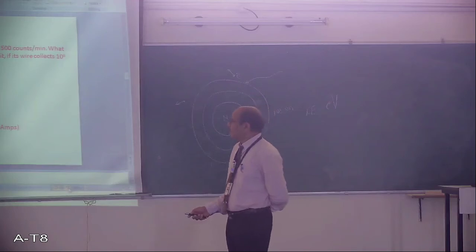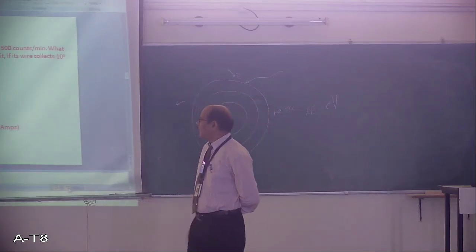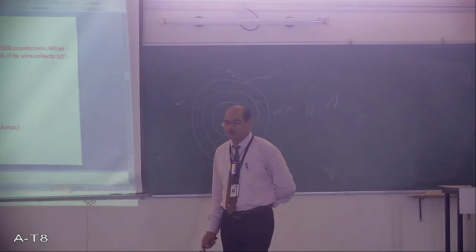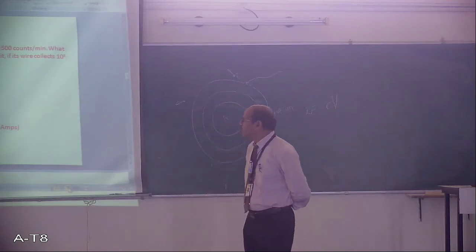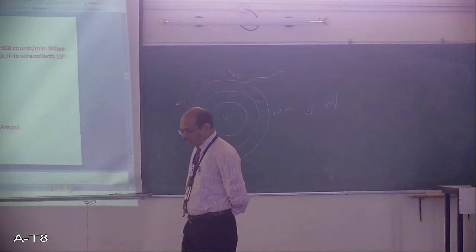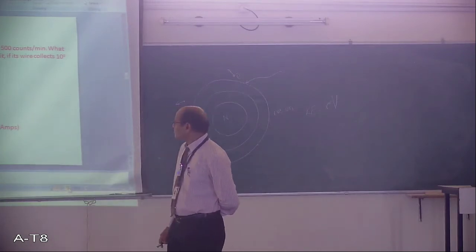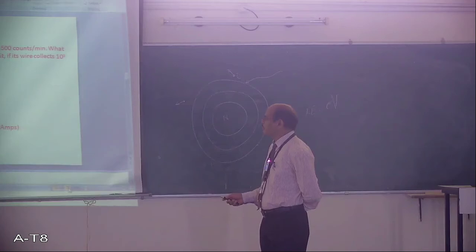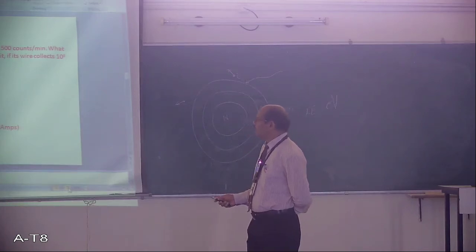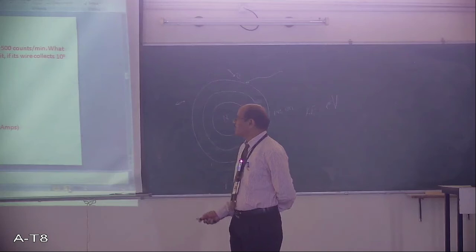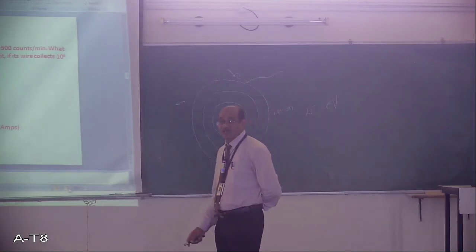So the hint is that the formula for average current, we know that the current is the rate of charge, that is Q by T. But here, if we take that n number of charges are obtained per unit time, then n number of charges means n number of electrons, and Q is the charge on that particle.